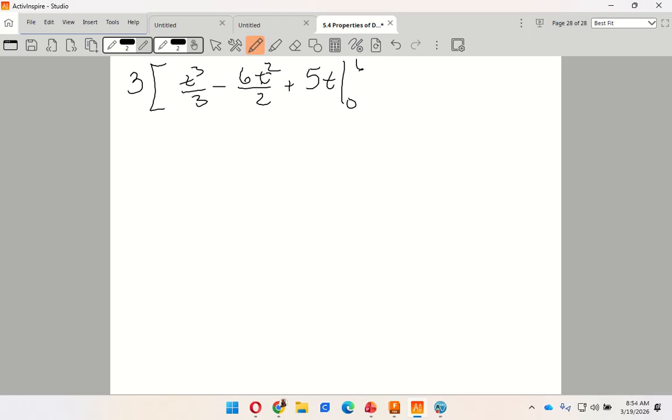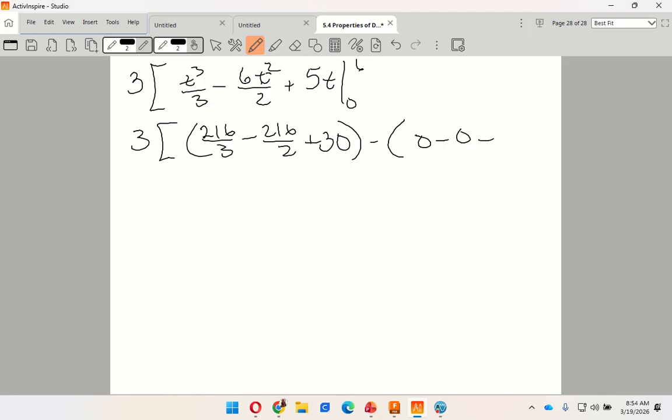All right, so that's going to give me 3 times 216 over 3, minus 6 times 36 over 2, plus 30. Minus the lower bound, which is going to be 0 minus 0 minus 0.